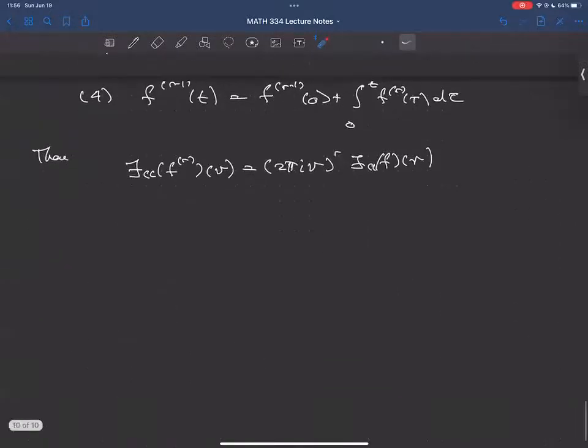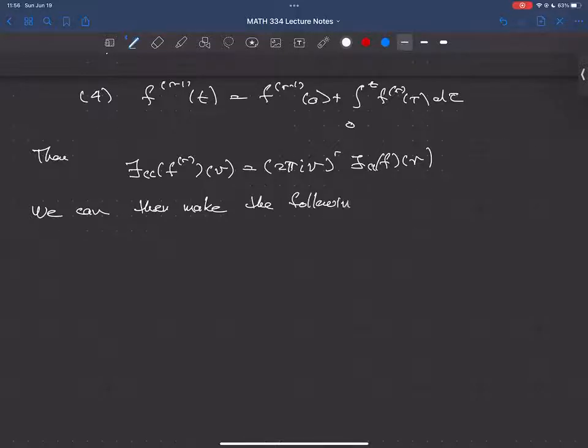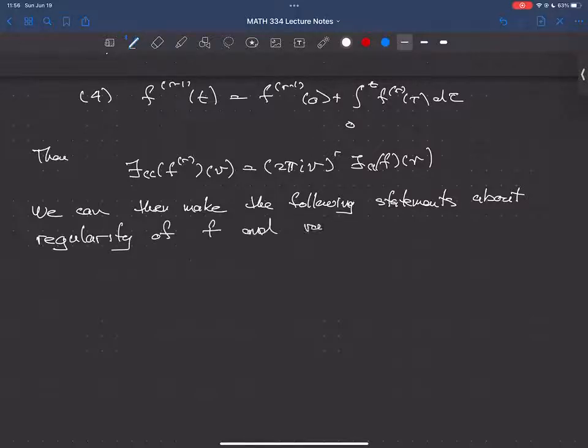So we can then make the following statements about regularity of f and rate of decay of its CCFT.